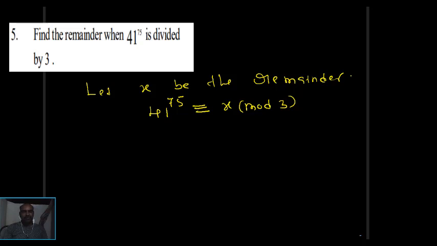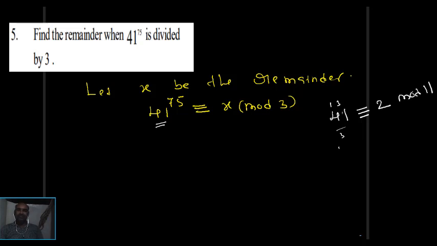Such x you want to find. Same procedure: try to find the exponent of 41 which, when divided by 3, gives remainder 1 or 2 or minus 1, better to find 1 or minus 1. 41 divided by 3, what is the remainder? 3 ones are 3, 3 threes are 9, 10, 11, 2 remainder.